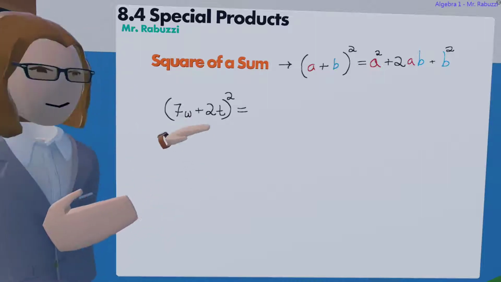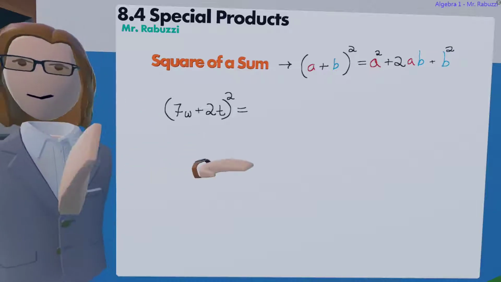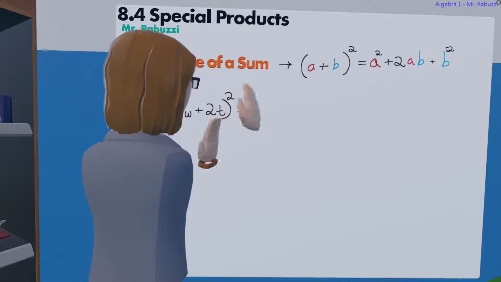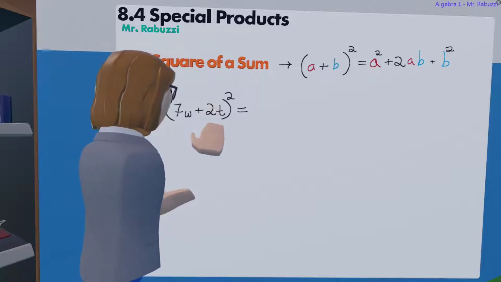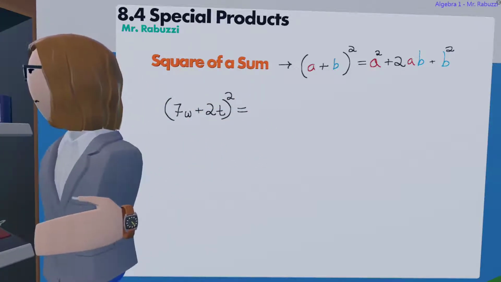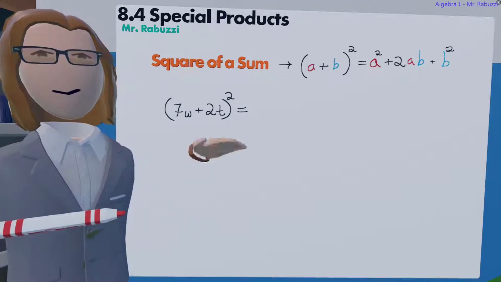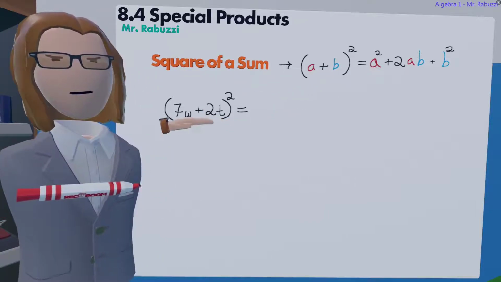So for these, you can do FOIL if that's better for you, even after today's lesson, go right ahead. You could write this times this again, and then do your FOIL. Distribute. You can do that. This is just a little faster once you know. So let's start off by marking down what is our A and our B in our multiplication.